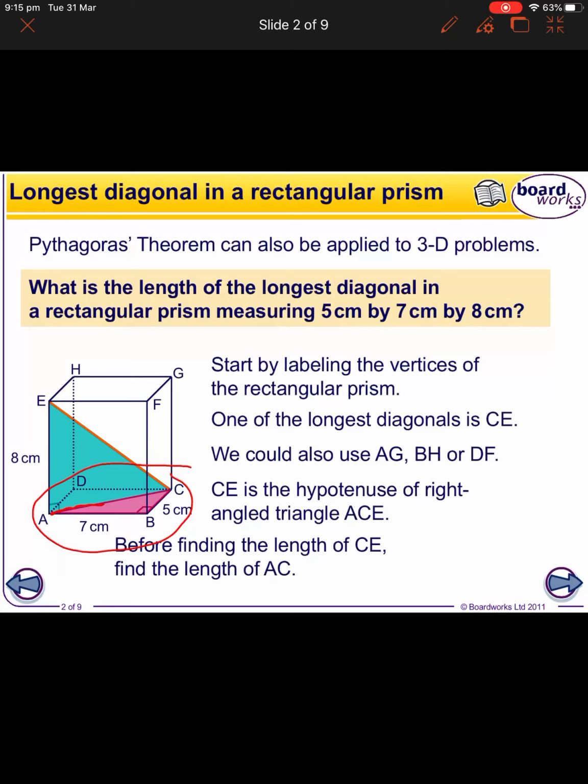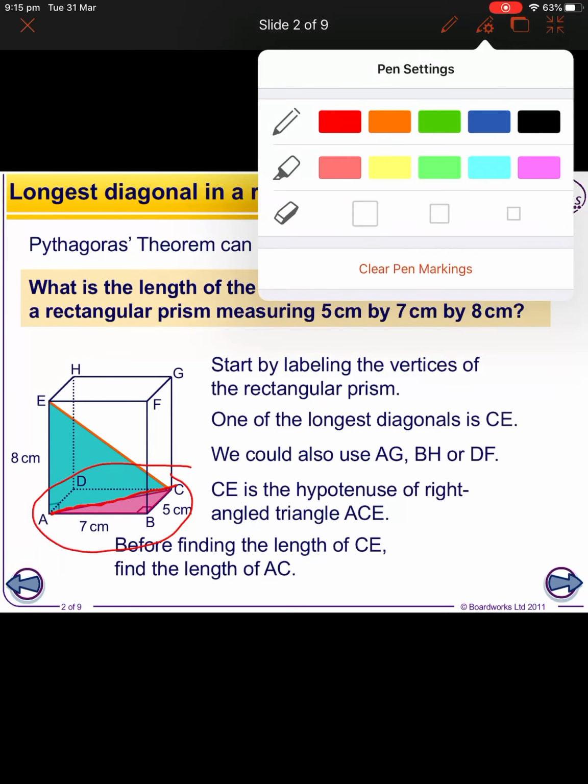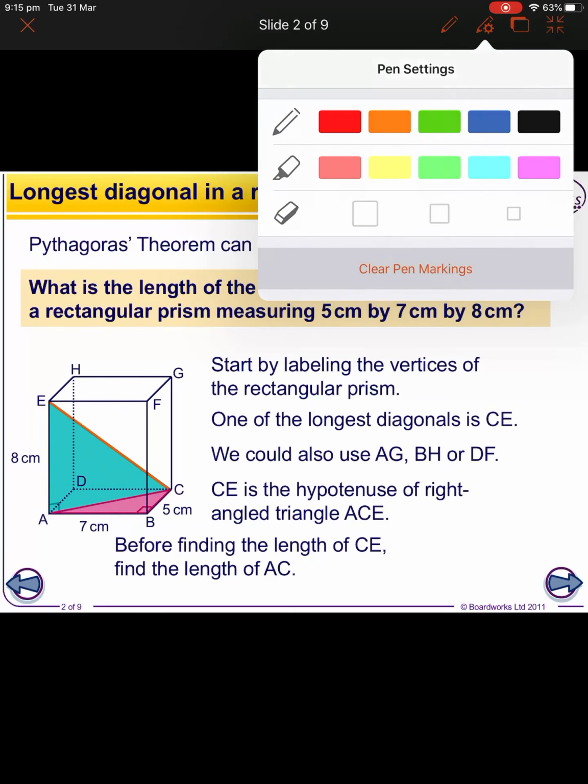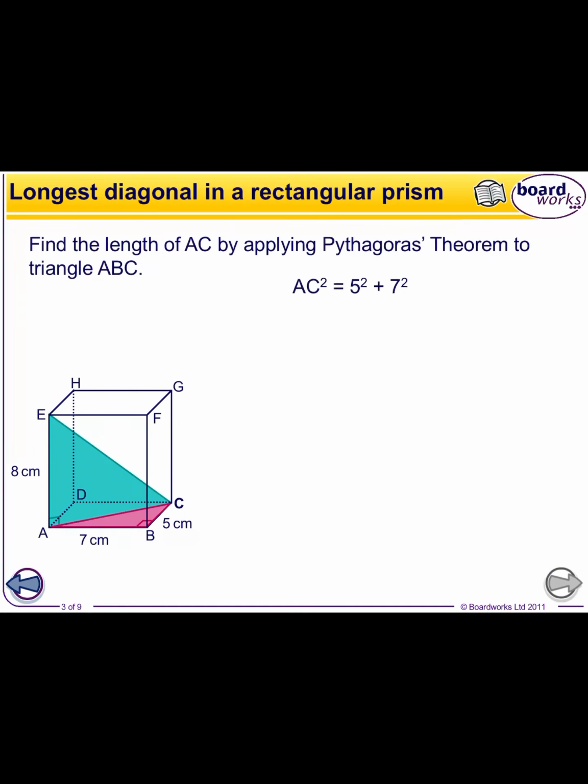that will give us our length for A to C. So we know that that's 5 centimeters and we know that that's 7 centimeters. So we use a squared plus b squared equals c squared for the 5 and the 7. And that looks something along the lines of this.